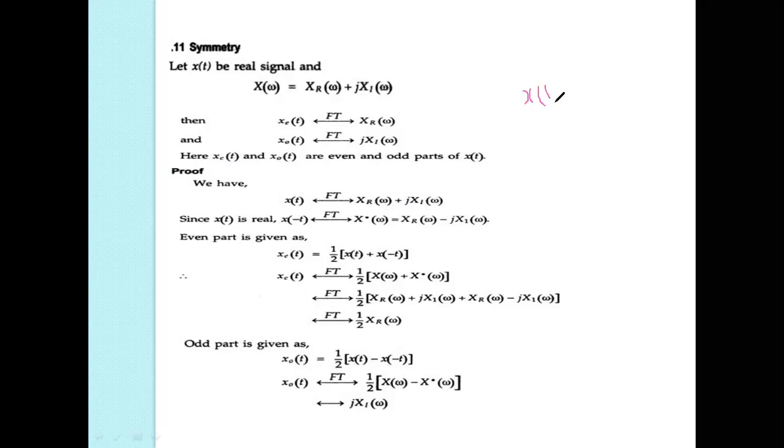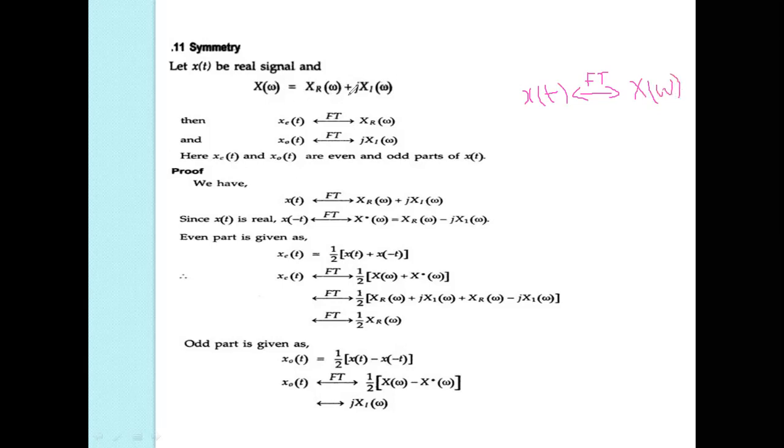Following this, students, first of all I am taking up the proof of this symmetry property. x of t is the Fourier transform of a real function and an imaginary function, because we have x of t as the Fourier transform of x of omega.